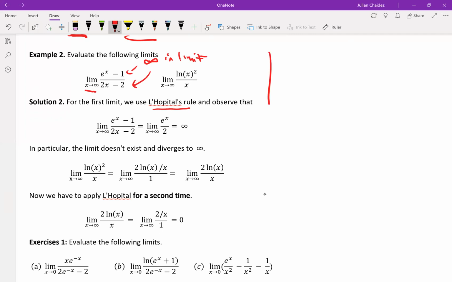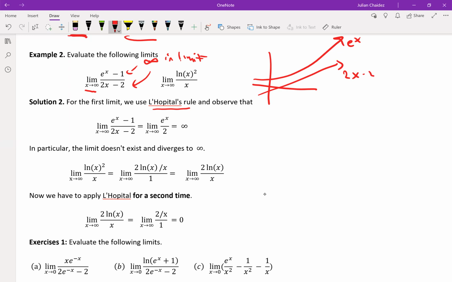But I know that the exponential function e to the x grows faster than the function 2x minus 2. 2x minus 2 grows linearly, so it's really slow, and e to the x grows really quickly. So what I expect is that the top part of the limit should overpower the bottom part, and I should get infinity.